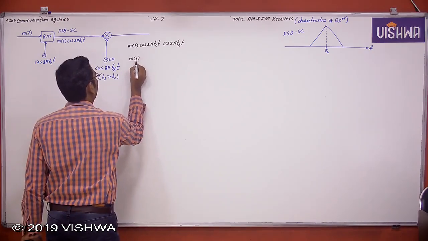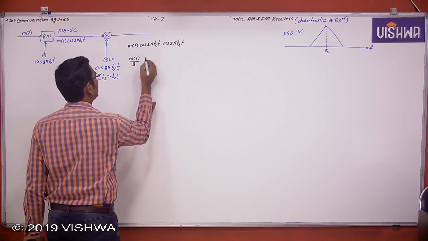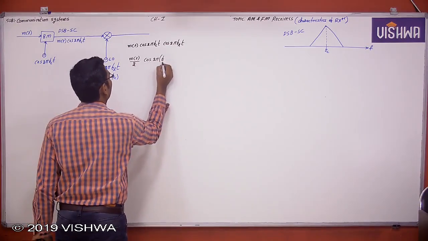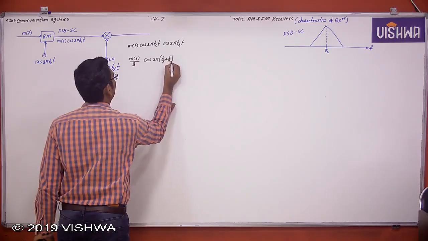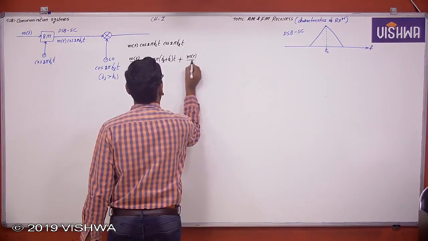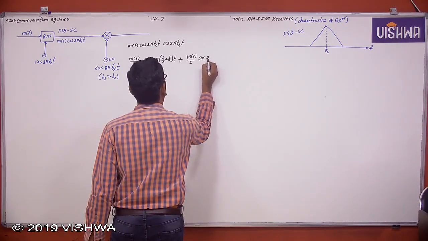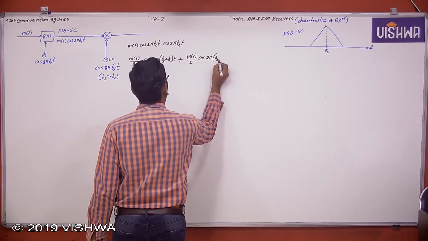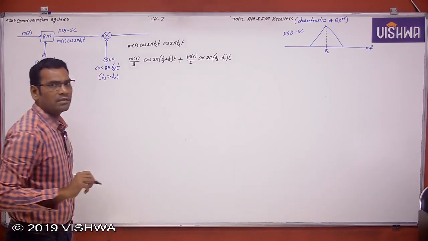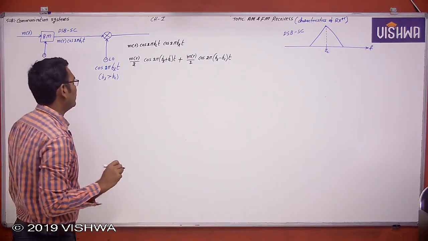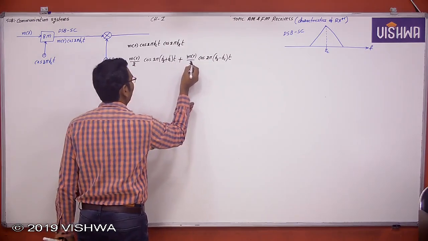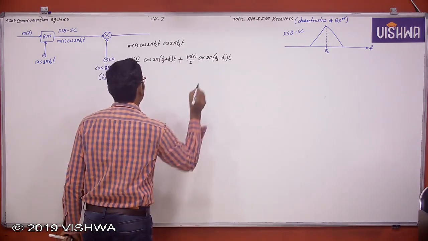Therefore, if I multiply with 2 and divide with 2, using 2 cos A cos B equals cos of A plus B plus cos of A minus B, we get m of t by 2 cos 2 pi (fl plus fc) t plus m of t by 2 cos 2 pi (fl minus fc) t.